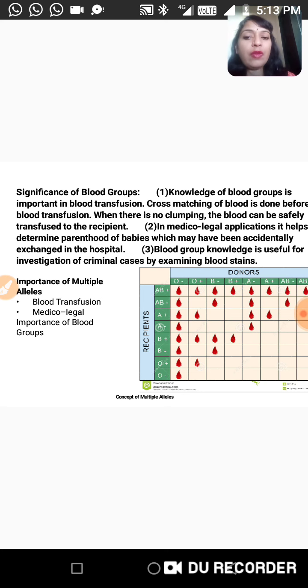So there are a number of importances of multiple alleles, but a few of them we can memorize: it is useful for blood transfusion, it is used in medico-legal cases, as well as for solving criminal cases.